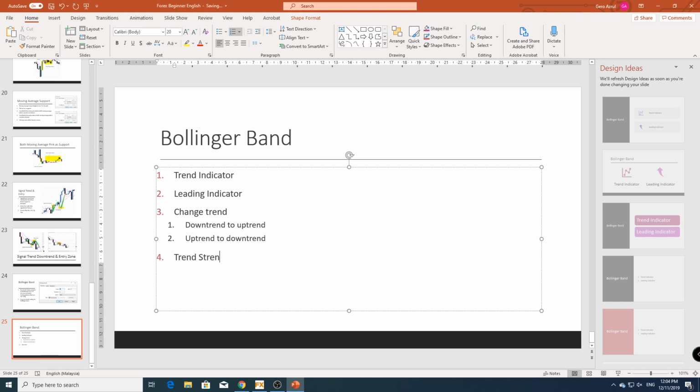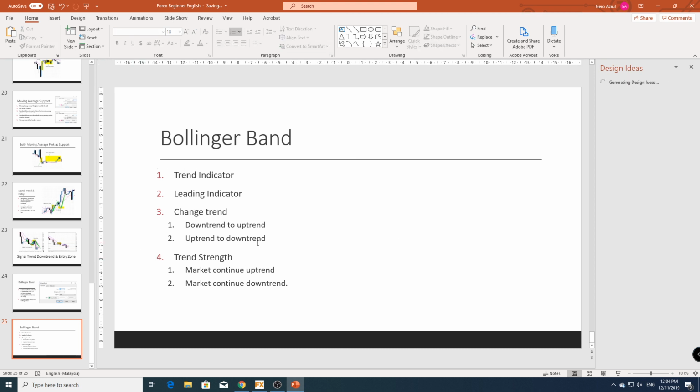It shows whether the market continues in an uptrend or continues in a downtrend.